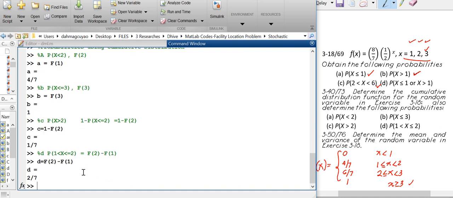Now, let's have now the mean and the variance. So the mean is mu equal to the expected value of x, which is the sum of x times f of x.